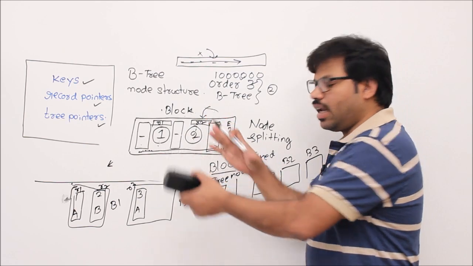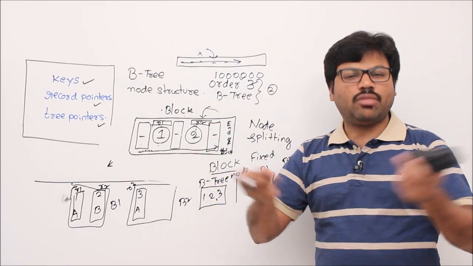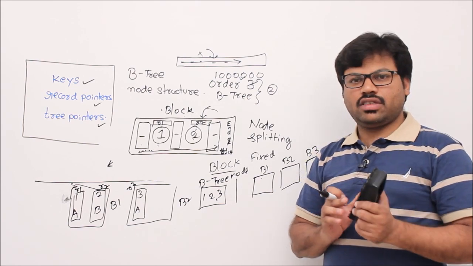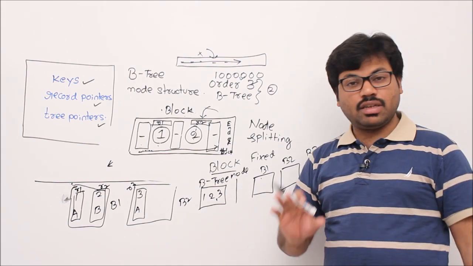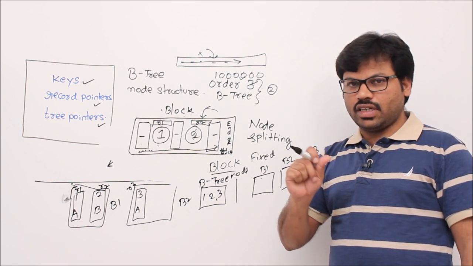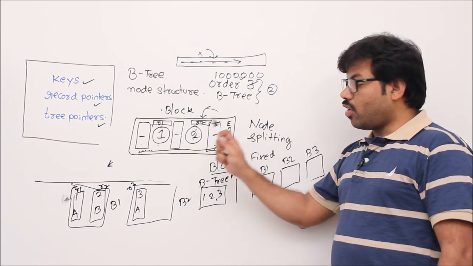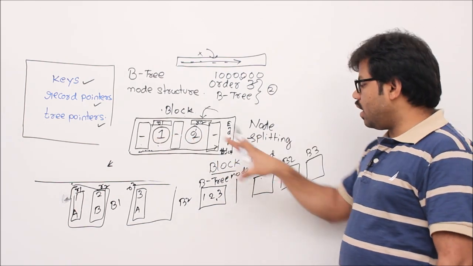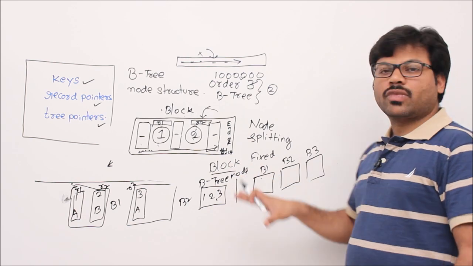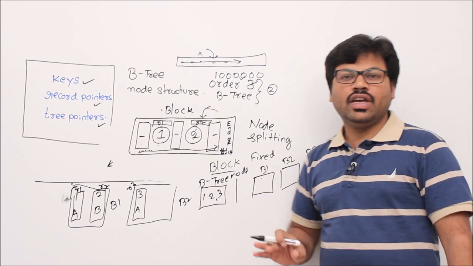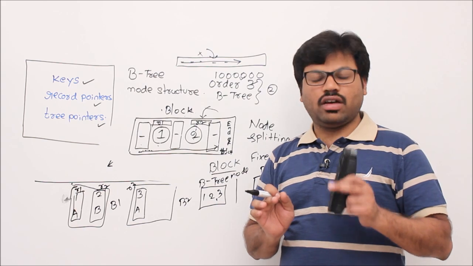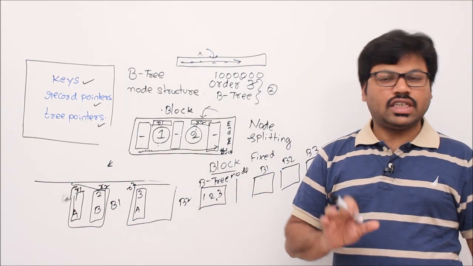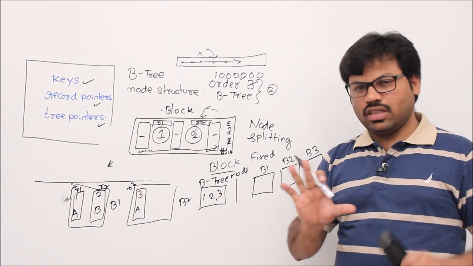When you have closely connected information, don't distribute it in multiple blocks. Otherwise the number of block transfers will unnecessarily increase. That's why, and this is a very important point, from now onwards your logical B tree node should always be kept in one physical block. We should plan our implementations that way, remember that.